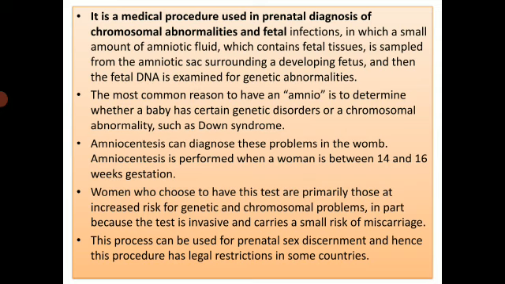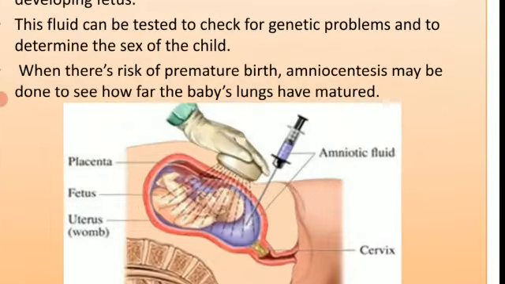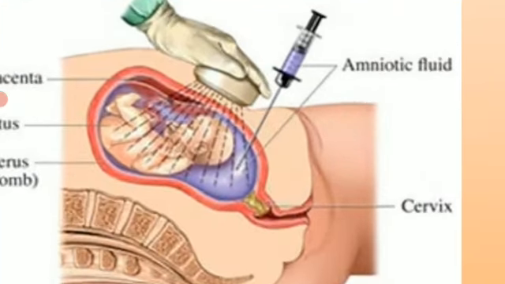Now, where this amniotic fluid is located, you can see in this particular picture. Okay, this is the amniotic fluid which acts as a shock absorber, and it gives the developing baby protection from any external mechanical shocks. Okay, and this amniotic fluid can be removed from the amniotic cavity.